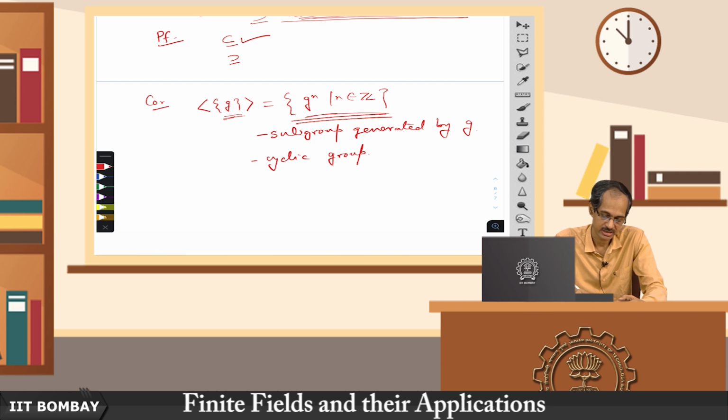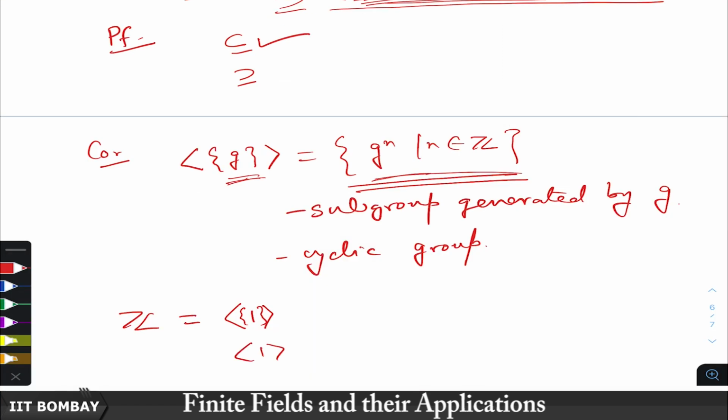As we said, Z is a group, and it is in fact generated by a single element 1. Actually, we should write it this way, singleton 1, but we will often also just simply write generated by 1 like this. So, this is generated by 1, or this is also generated by minus 1. You can see that all the integers are multiples of minus 1, they are also multiples of 1, but all the integers are not multiples of 2 or multiples of 3.